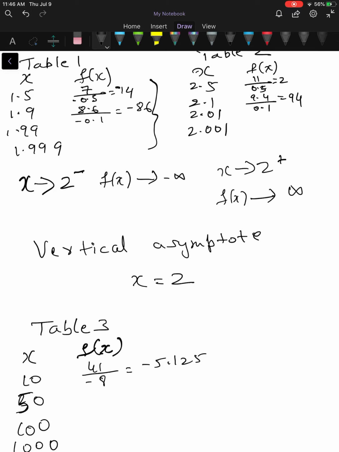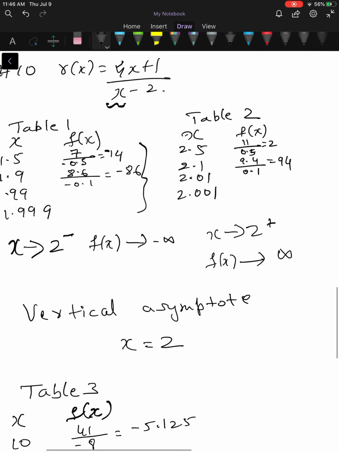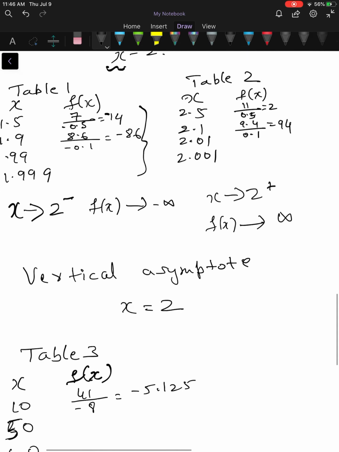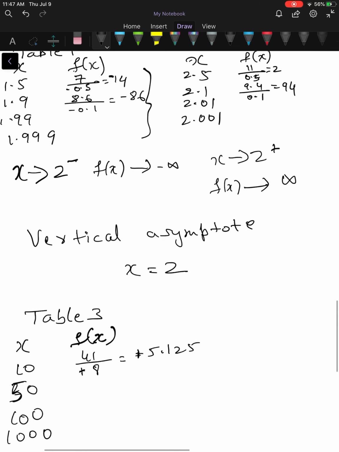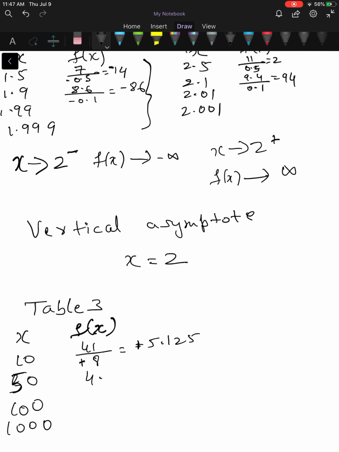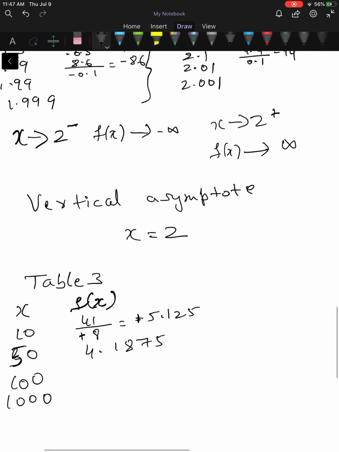So 201 divided by 48 is 4.1875. I need some more values to identify to which particular number it is going closer to.